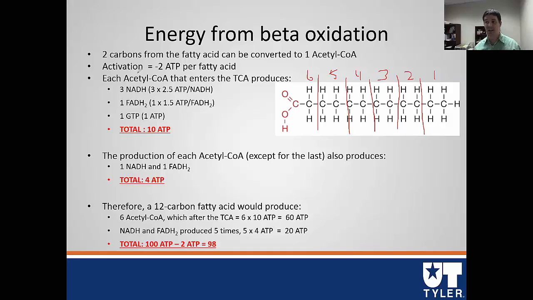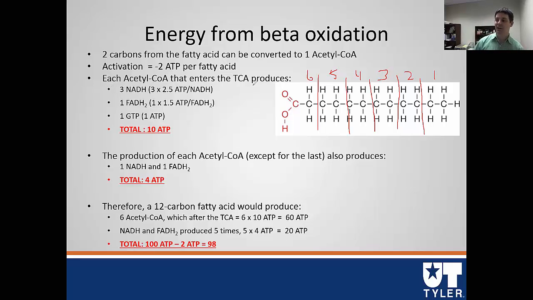The first thing that we have to do, though, to begin beta oxidation, just like in the glycolysis step, is that we need to have some activation energy. It takes 2 ATP per fatty acid in order to activate these molecules to do the conversion. Not every single step, that's 2 ATP per fatty acid. So we're going to take 2 at the end of the segment.